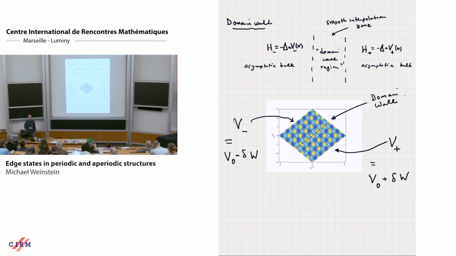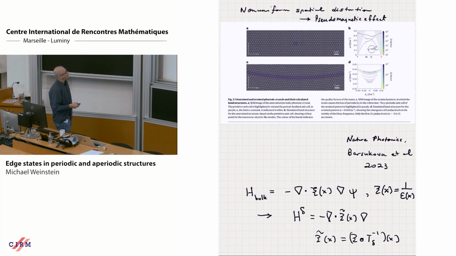Okay. Please stop me if there's any terminology or anything unclear. Okay, and then finally, here's a non-uniform spatial deformation. I hope that one can see this. This is a very, very nicely fabricated two-dimensional photonic crystal. It's a very, very thin layer of semiconductor where someone came with an etching device and made roughly triangular holes.